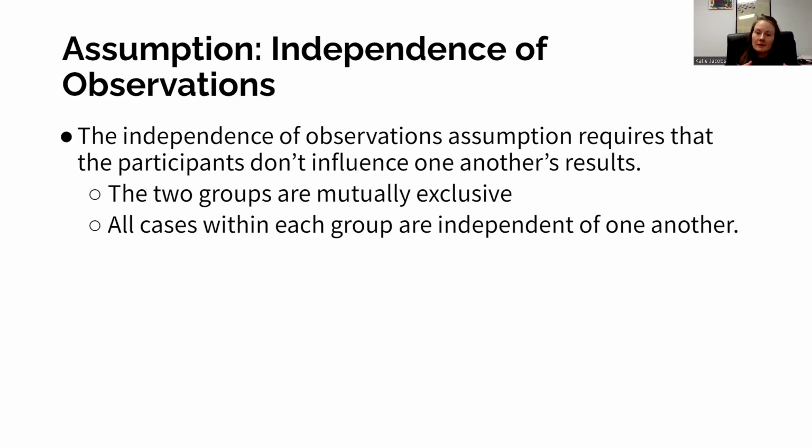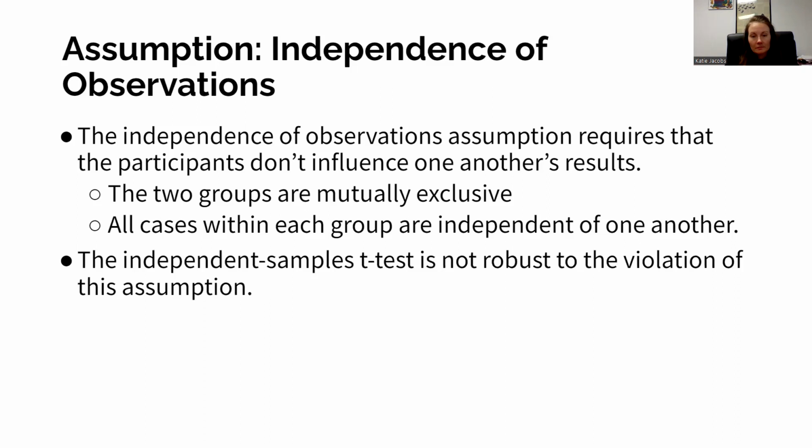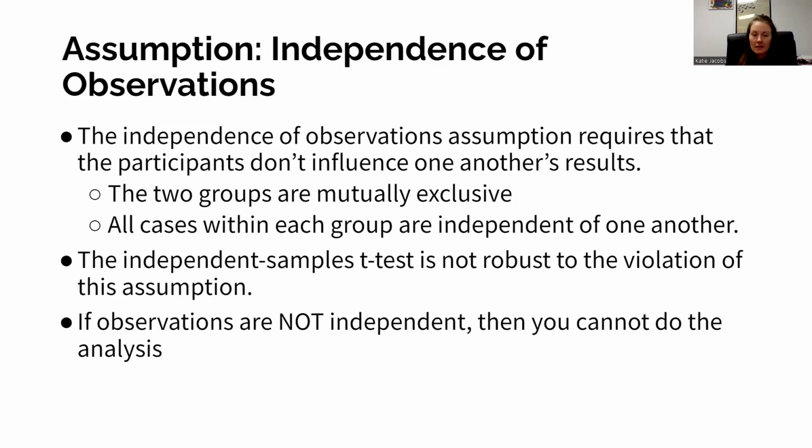Independence means that they have to be able to provide their own data that's not influenced by someone else in the study. The independent samples t-test is not robust to violation of this assumption. If you violate this assumption, you cannot do this analysis. Again, if observations are not independent, you cannot do the independent samples t-test.